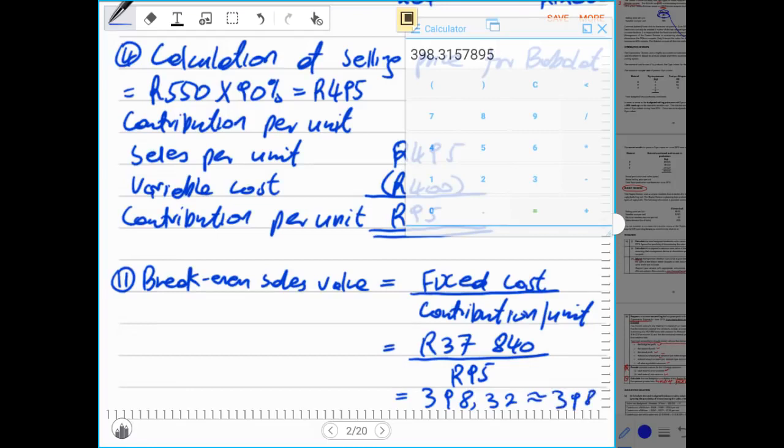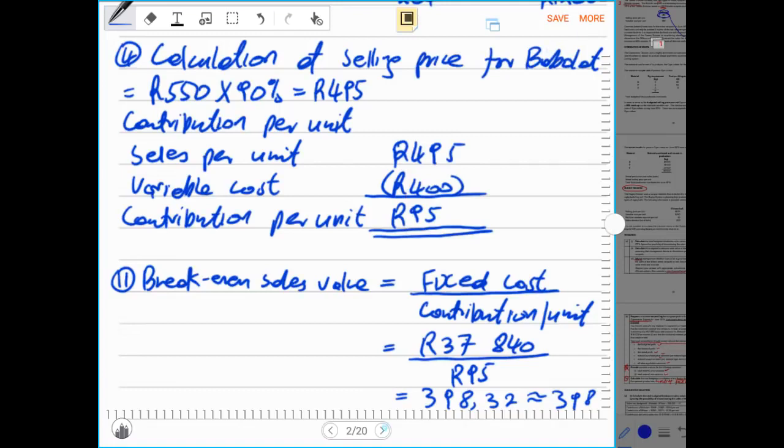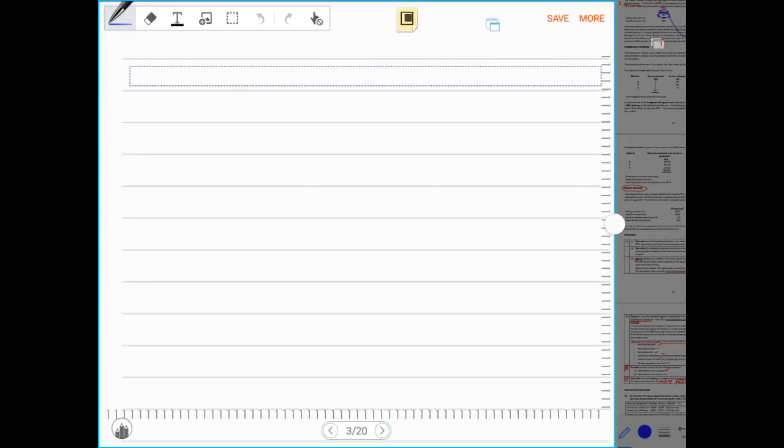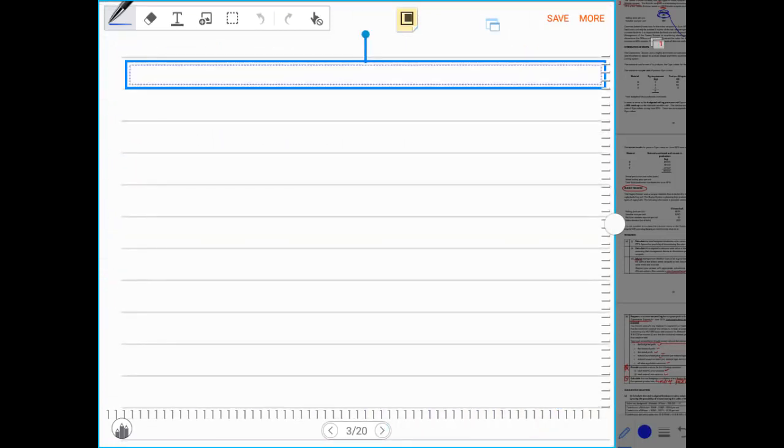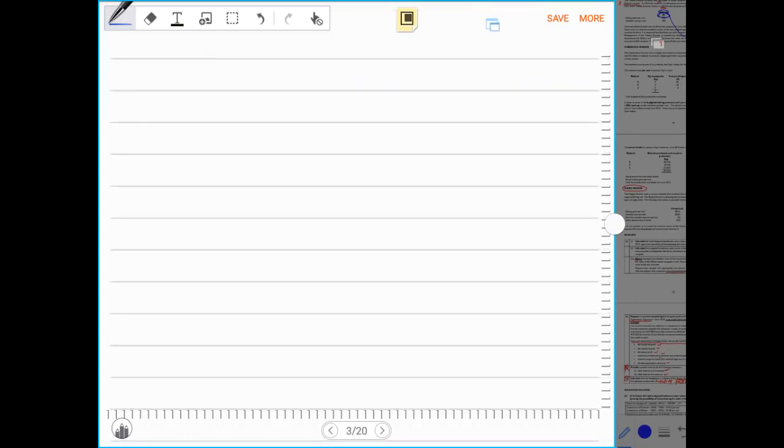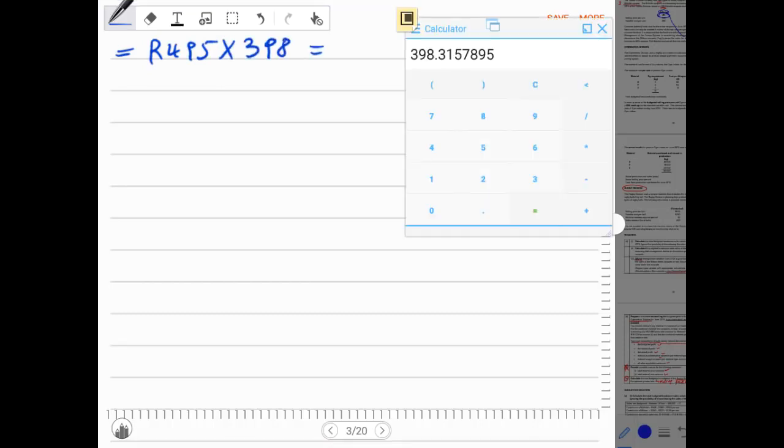Then we need our break-even point in value, not just in units. That is in units. Therefore now we continue on that. We will have to say now the selling price of 495 times 398. Then we get to the break-even value.